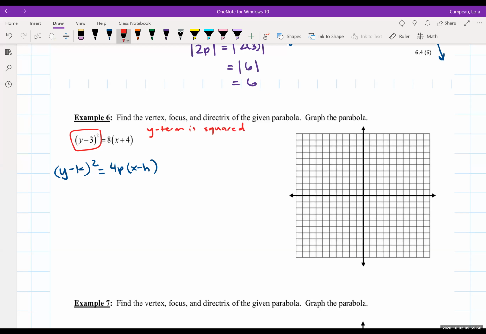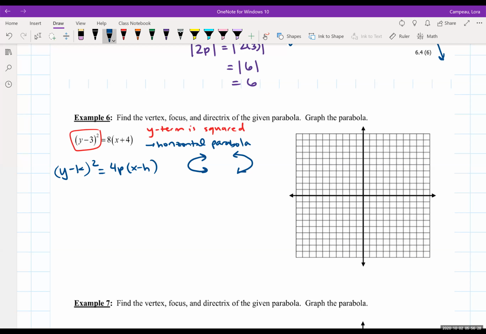So that tells us right away that it's going to be a horizontal parabola. And I always like to write notes to myself as I'm doing this so I can kind of keep track. And just remember, horizontal parabolas can open up to the right, or they could open up to the left.